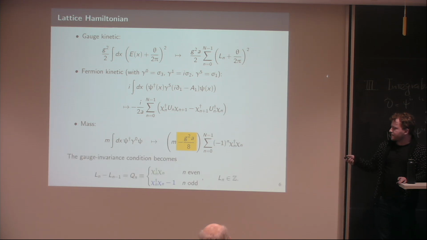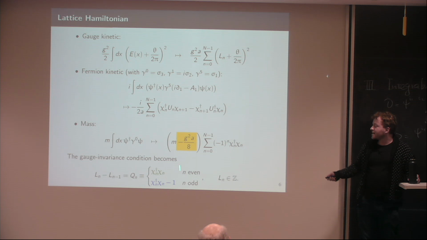But then, very importantly, we have this Gauss law, which we have to port to the lattice as well. And so it's going to tell us that the difference in the electric fields between two neighboring links is given by something related to the fermion occupation number on that site. But what we have to do is have this staggered shift, which, for instance, you can motivate by having charge conjugation symmetry.